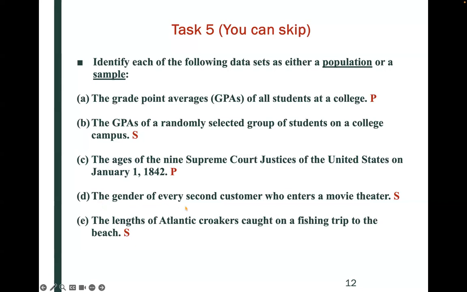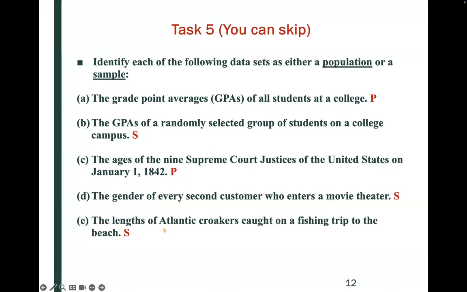The gender of every second customer who enters a movie theater. Here it would be a sample because we're taking a subset, since every second customer we're noting their gender. That's why it's a sample. It's a subset of the population.